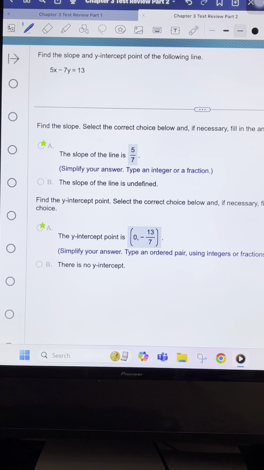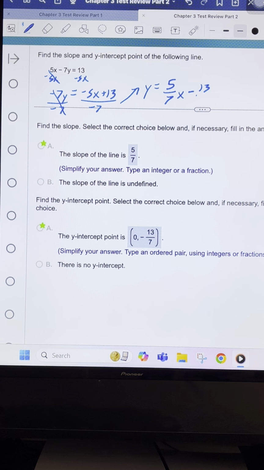So, find the slope and the y-intercept point of the following line. This one's a little bit harder because this is written in standard form, so we have to convert it to slope-intercept form. So, let's move the 5x. We're going to get negative 7y equals negative 5x plus 13, divided by negative 7, divided by negative 7.